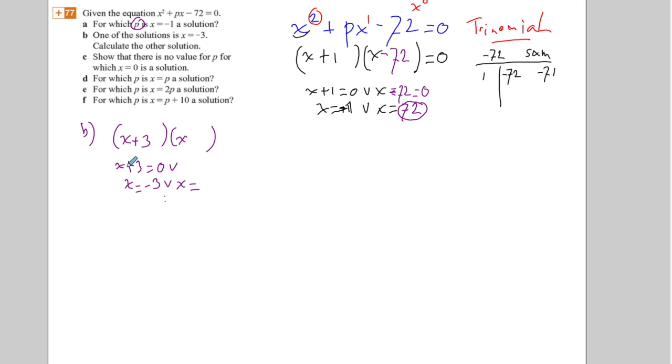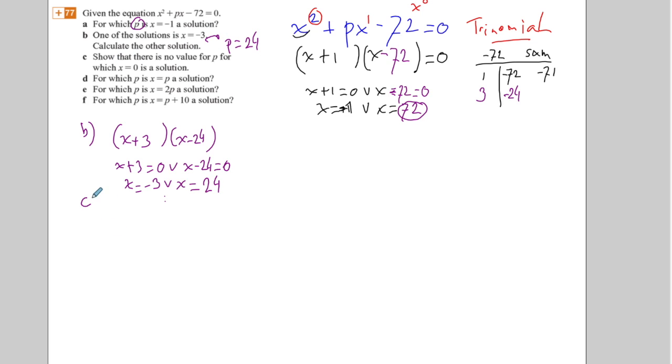Well, if I take a look, then I know this needs to be 3 times minus 24. It's x minus 24. x minus 24 equals 0. So x equals 24. So in that case, my p equals 24. If you can do this kind of exercise, you really understand what we're doing.